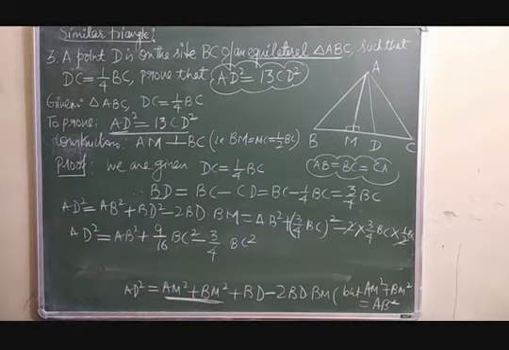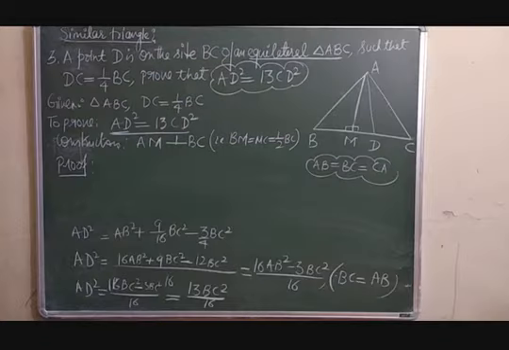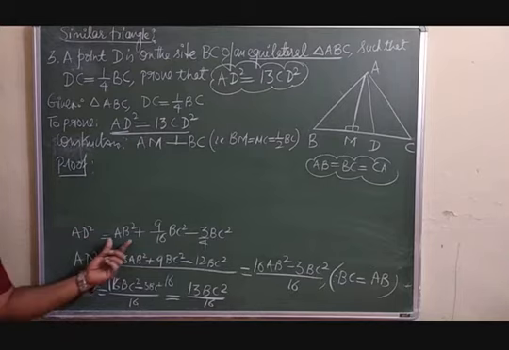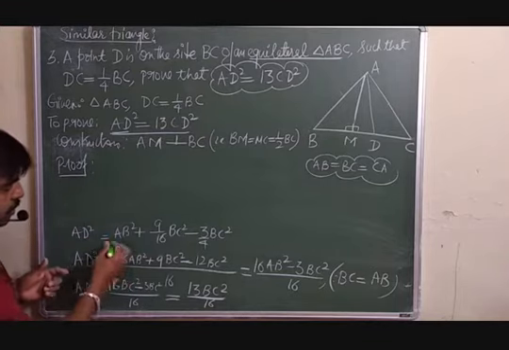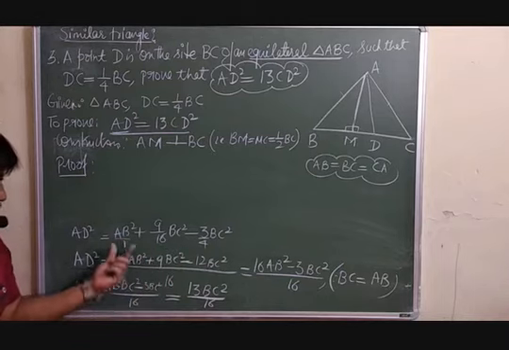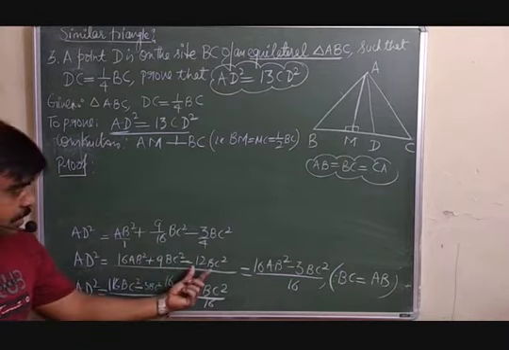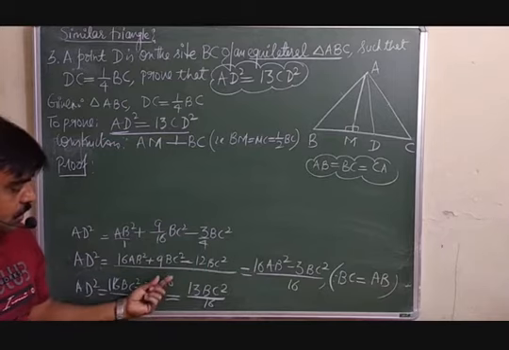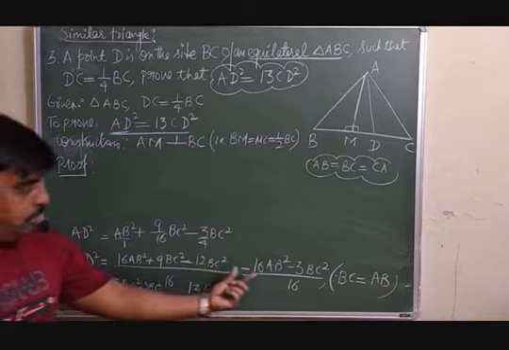Have a look. Take the LCM, which is 16. So 16 AB square plus 9 BC square minus 12 BC square over 16, since 4 times 3 is 12.